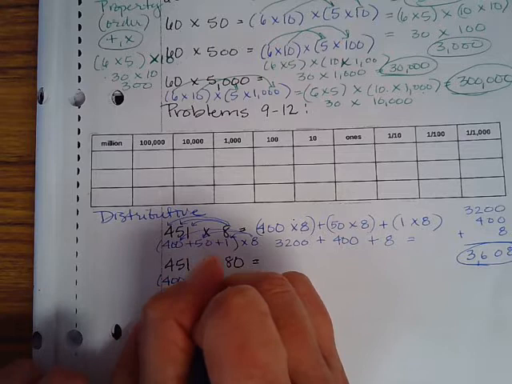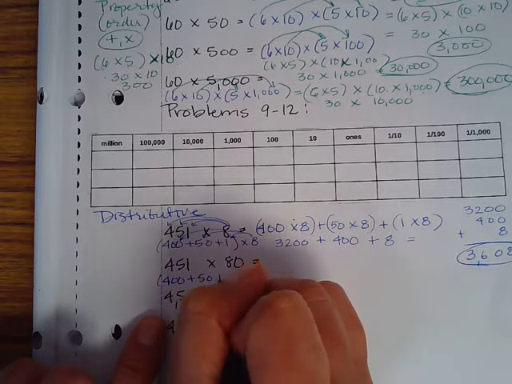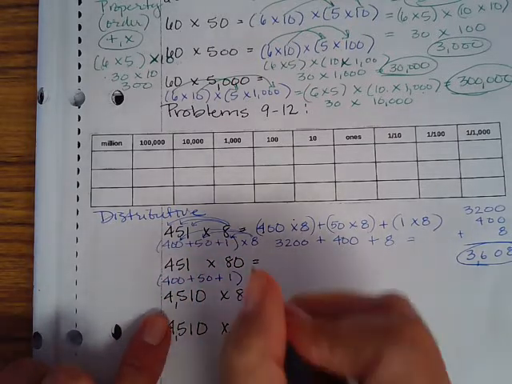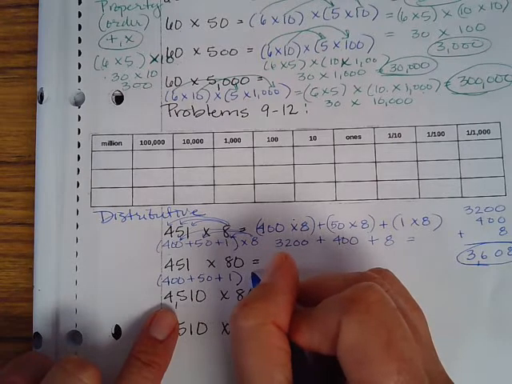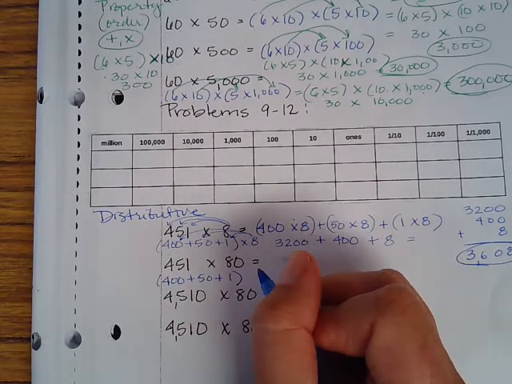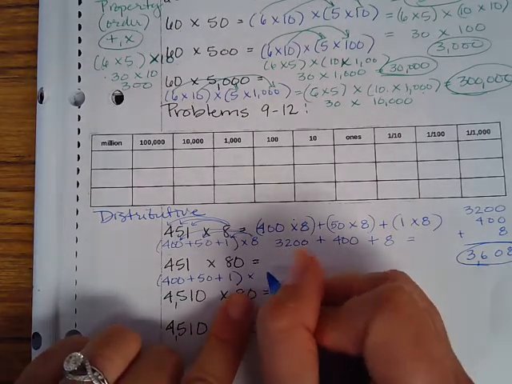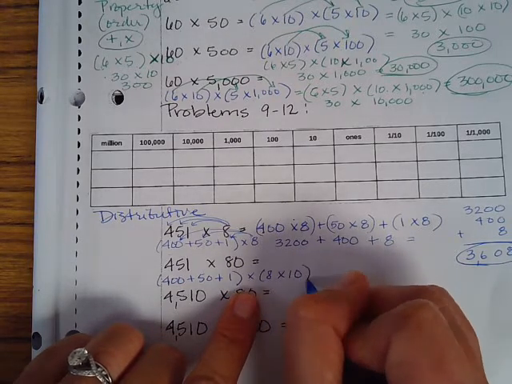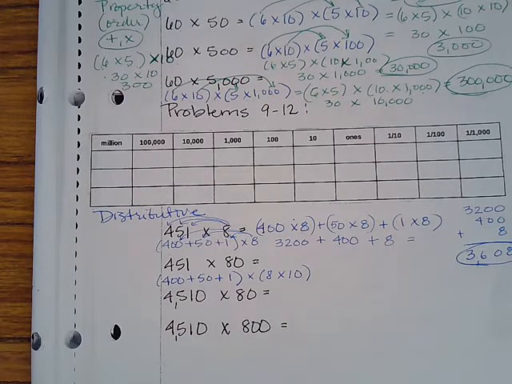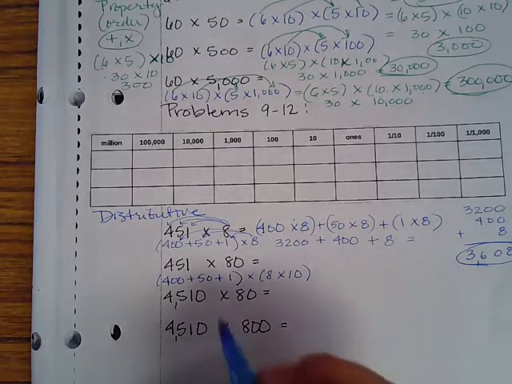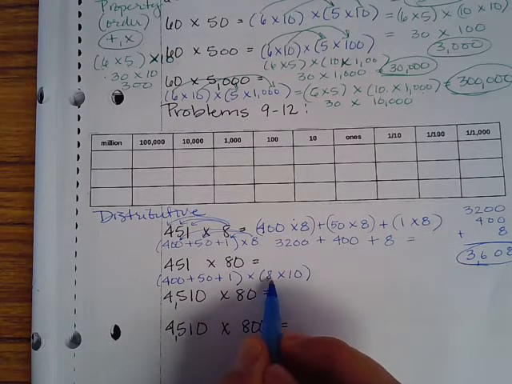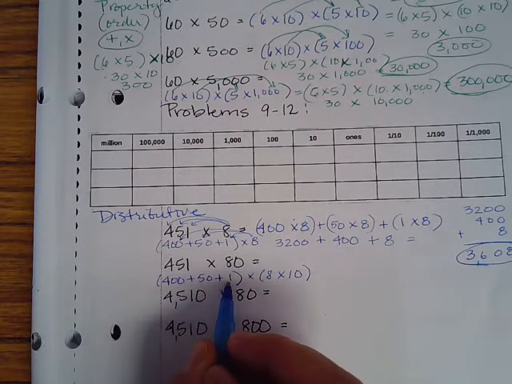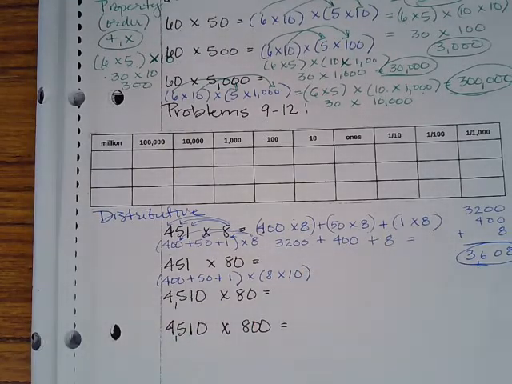So let's try it again. 400 plus 50 plus 1. Now we have to multiply that by 8 times 10. Oh my gravy. Let's make this simpler.